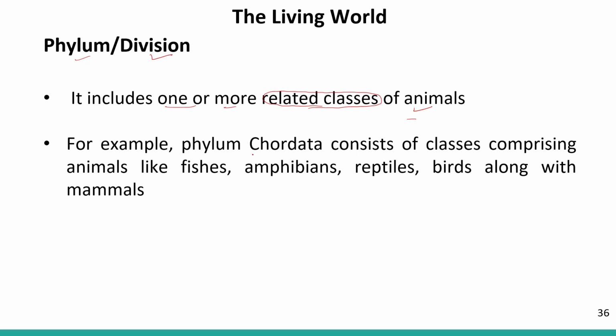For example, phylum Chordata consists of classes comprising animals like fishes, amphibians, reptiles, birds and also mammals. So see the diversity here, how broad this group is, and the number of common characters are not much. They don't share many common characters, but still they are kept in the same phylum.